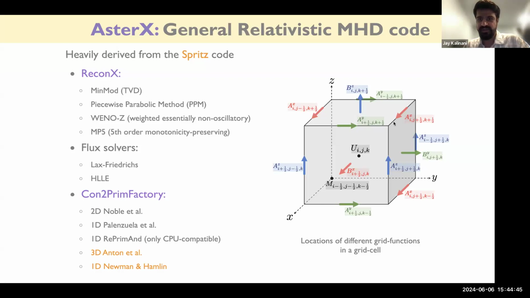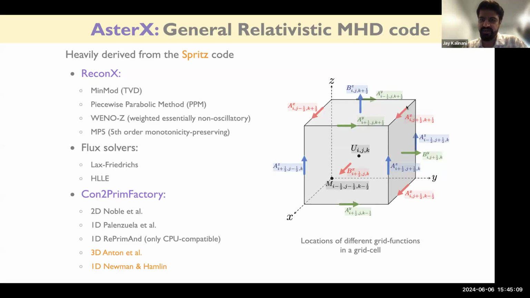So on the right, you see a typical grid cell where I show locations of these different grid variables, especially the magnetic fields. Here, the vector potential is stored in a staggered way where it lives on the edges. For example, if you take one face on the top, you have the AX and AY components living on these edges.